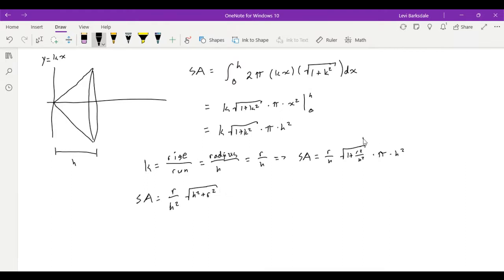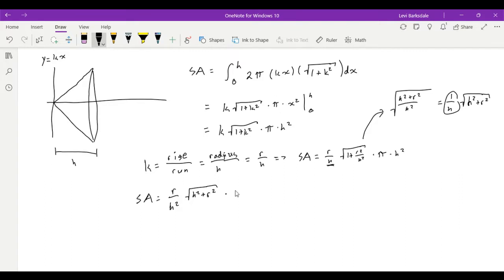So the simplification I'm doing here is I'm saying 1 plus r squared over h squared can be rewritten as h squared plus r squared over h squared, which is equal to 1 over h square root h squared plus r squared. And then I combine this 1 over h here with this h here to get my h squared there.